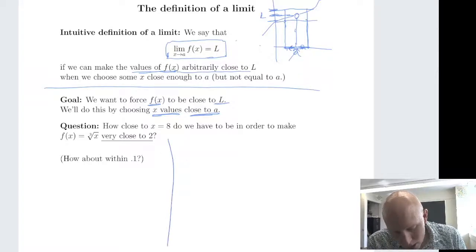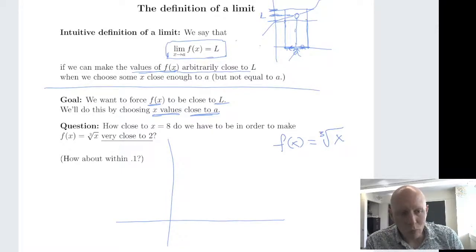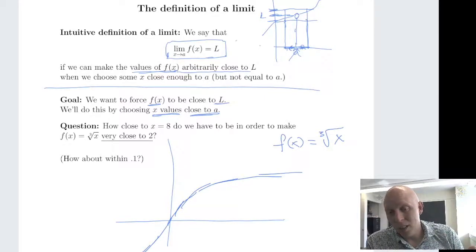We're going to consider the function f of x is equal to the cube root of x. This is a function that looks like this, where when you plug in a number, you take the cube root of that number. So when we plug in 1, we get 1 because the cube root of 1 is 1.